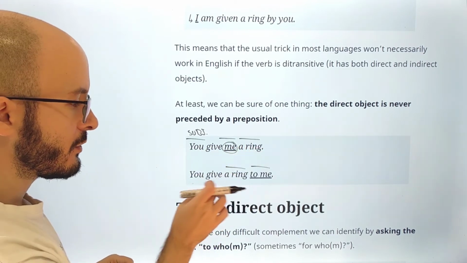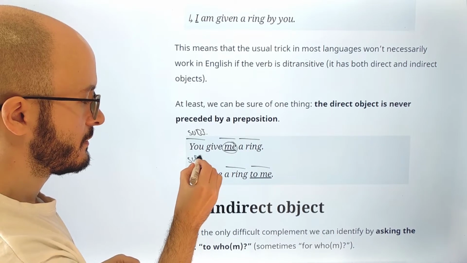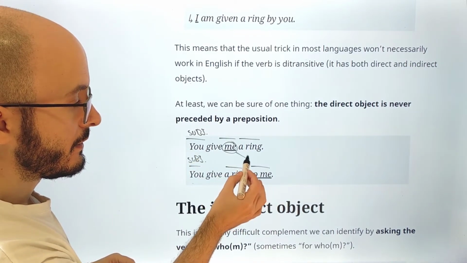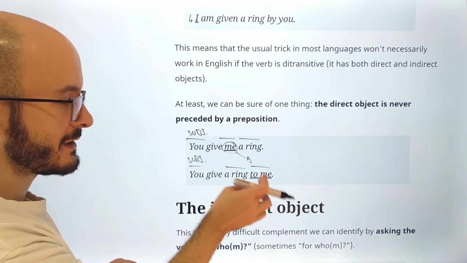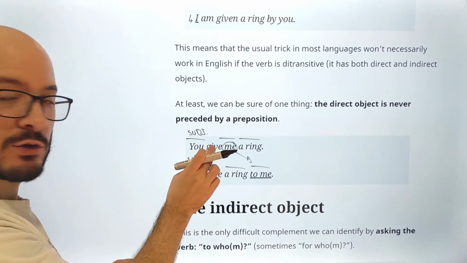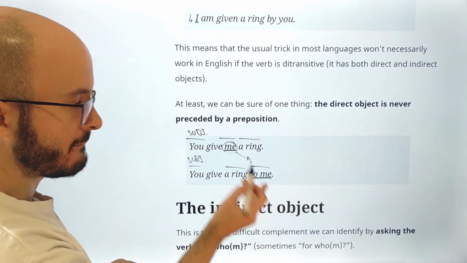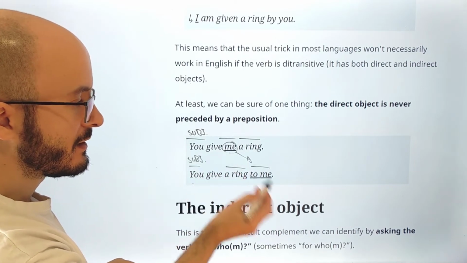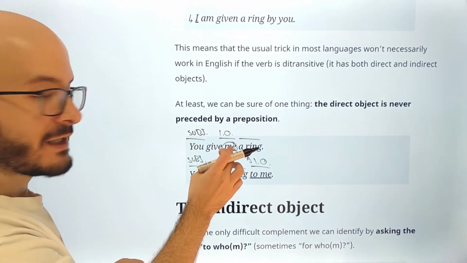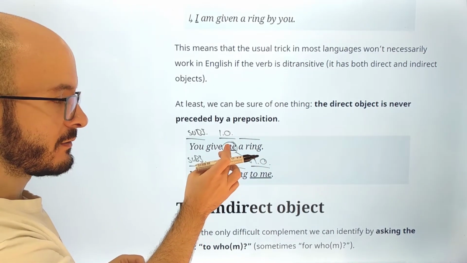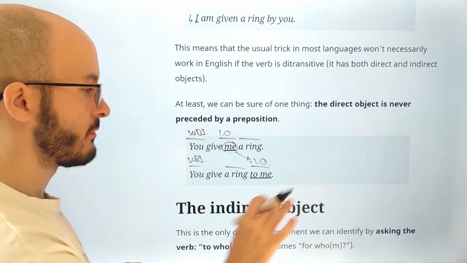You give me a ring or you give a ring to me. Still, this is the subject. And now, the indirect object, we can transform it like this, okay? So, me next to the verb or to me after the direct object, no? So, me, to me, okay? So, this means that this is the indirect object because we can either say it without preposition next to the verb or with preposition further from the verb.